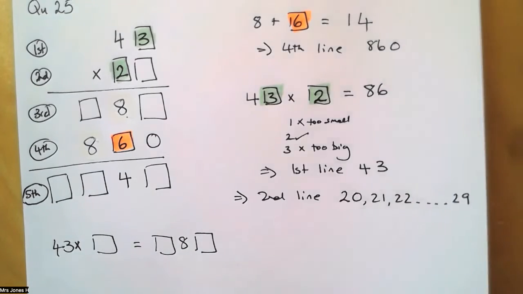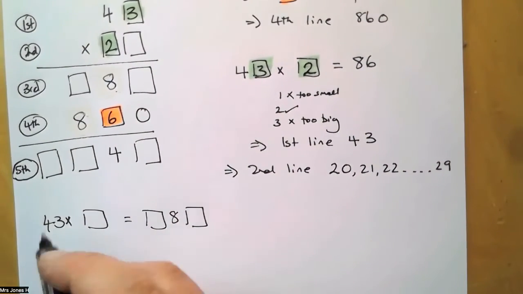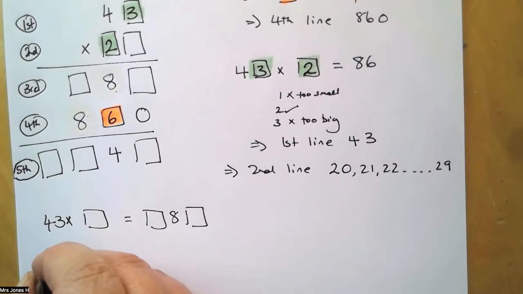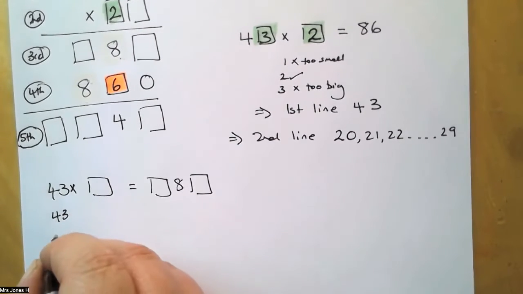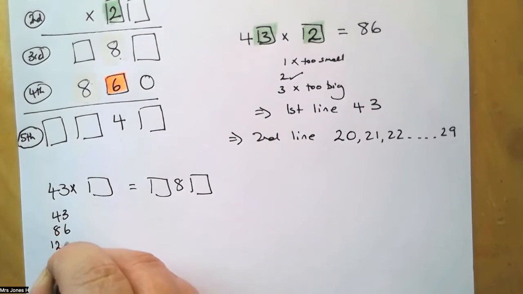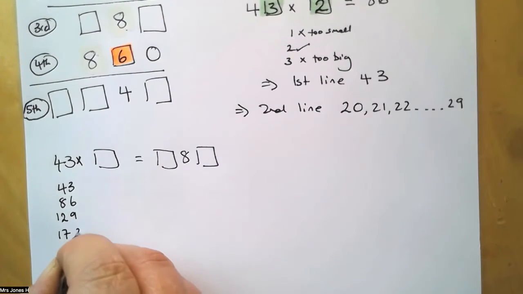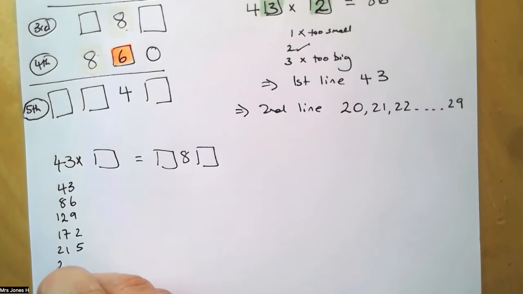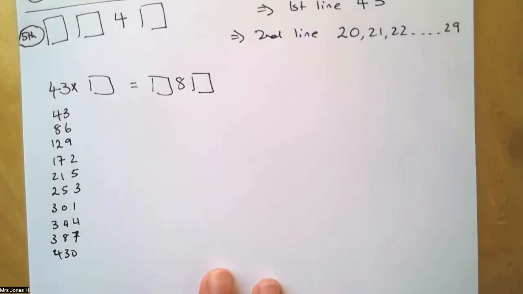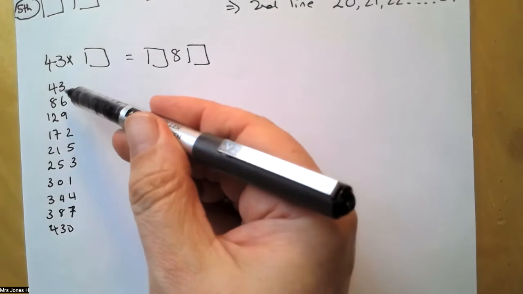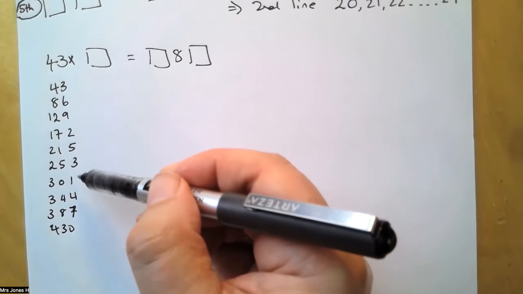And the way that I worked out this one is I actually went to the lengths of writing out my 43 times table. So 1 times, 2 times, 3 times, all the way down.